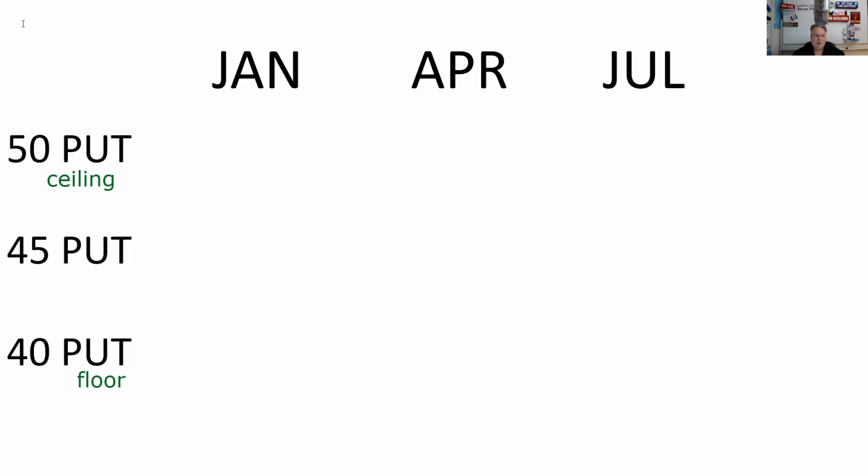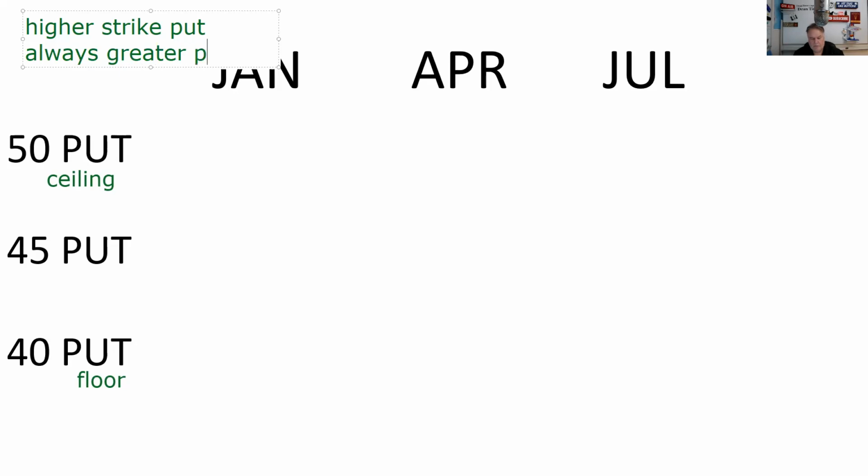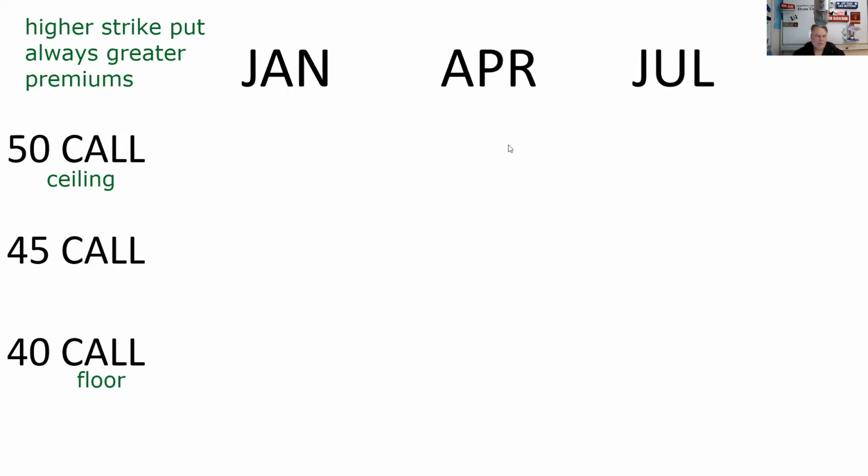So what we need to know is that, as I just illustrated, whether you got it or not, higher strike puts always have greater premiums. And as we said, the greater premium dominates. So just real quickly, if we go back to our call spread, the 40 call is always going to be the dominant leg.